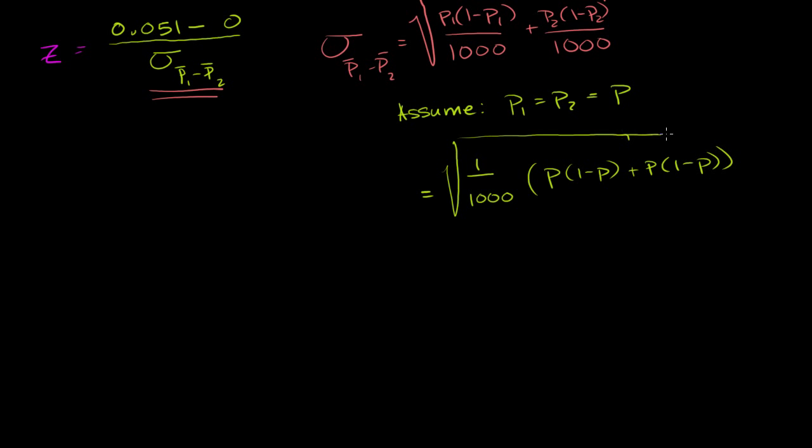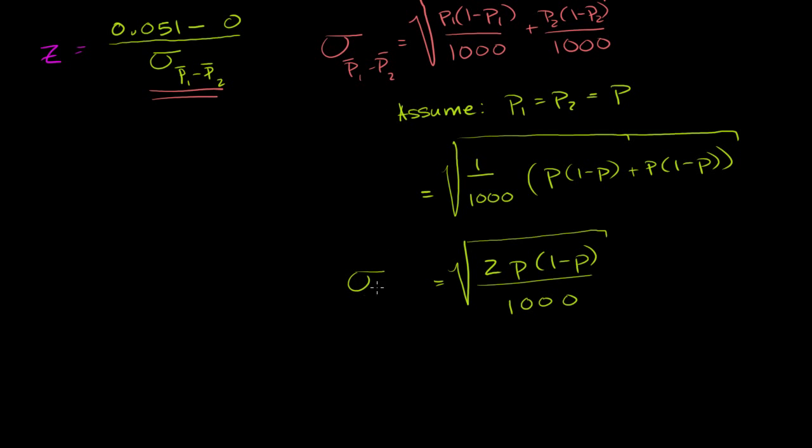That's what we're assuming in the null hypothesis. And so this is just two of these over here. So this is going to be equal to 2P times 1 minus P, all of that over 1,000, and we're going to take the square root of that. Now this is the standard deviation, once again, of the distribution of this statistic right over here.